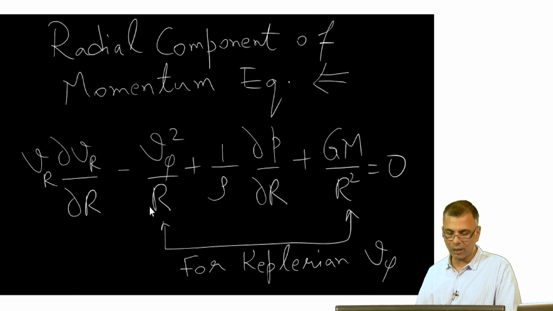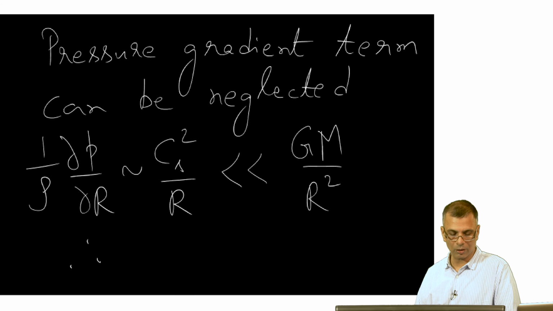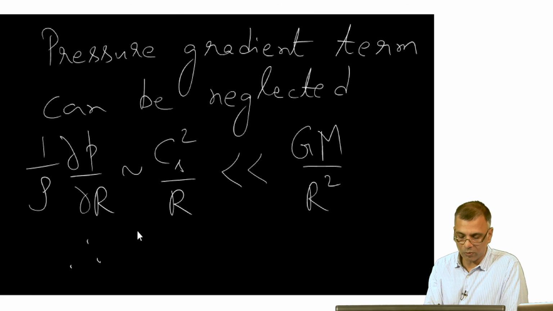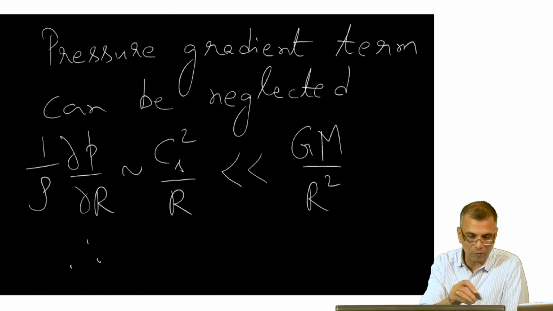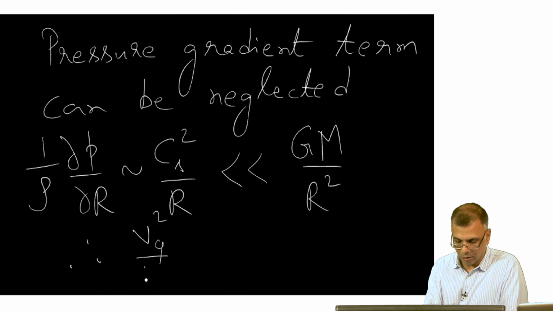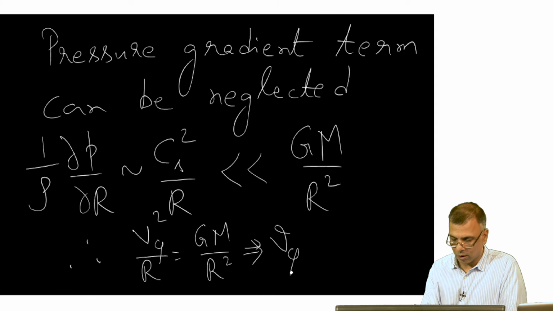And so we are left with the inescapable conclusion that minus v phi squared over r is equal to GM over r squared. Or rather, not minus, v phi squared over r is equal to GM over r squared. In other words, the v phi is Keplerian.